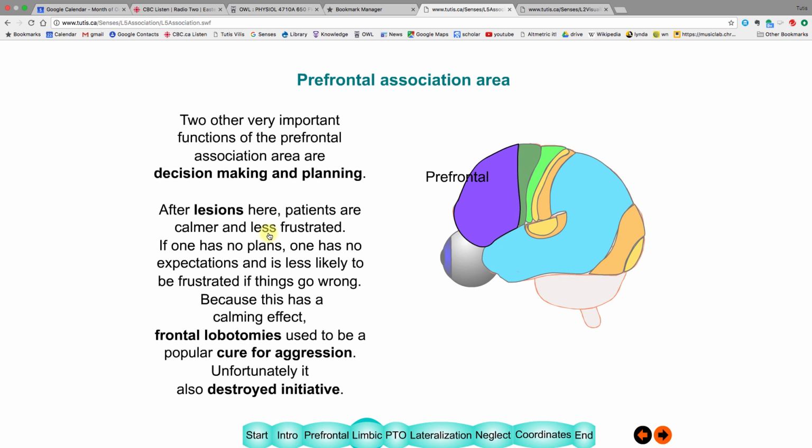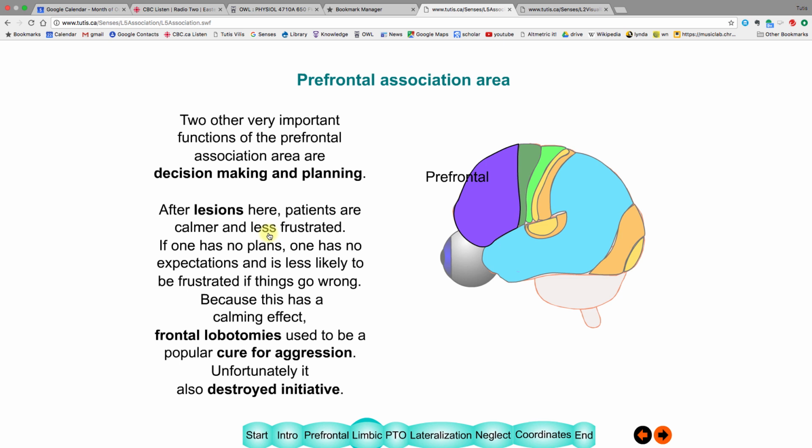And so, because people became calmer after lesions, one popular cure for people who acted very frustrated and angered at not making the right decisions was frontal lobotomies.